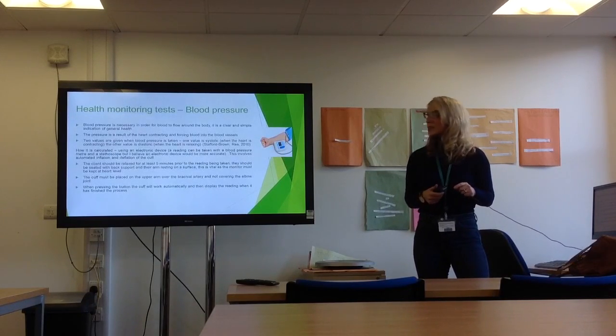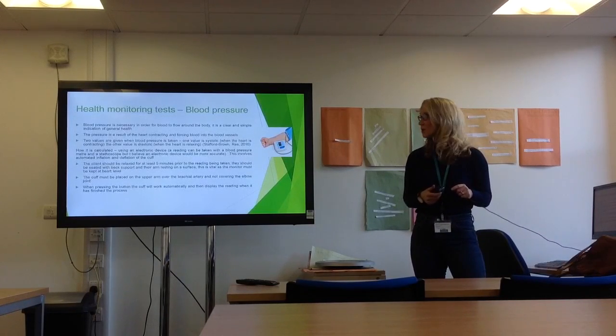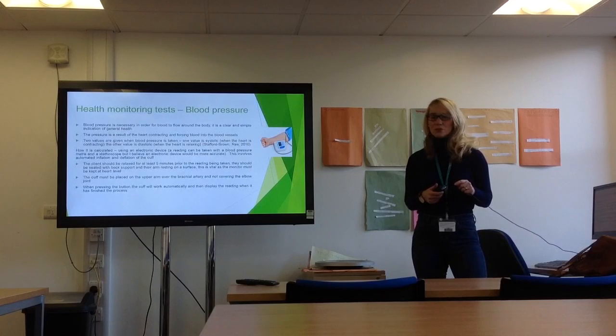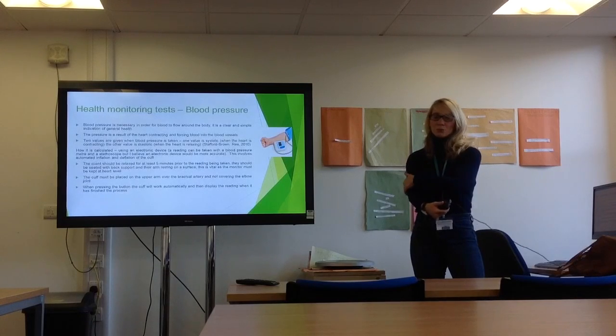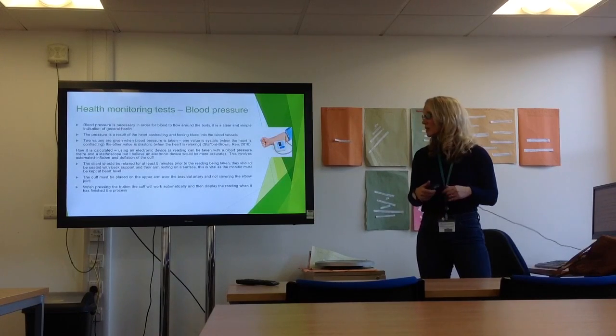A reading can be taken with a blood pressure meter and a stethoscope. I'm going to talk about using an electronic device here. The electronic device uses an automated reading, so a cuff is placed around the arm in the correct position with the cabling flowing down the front of the arm, and the individual would rest their arm onto a surface.